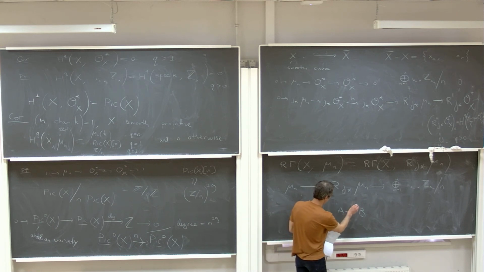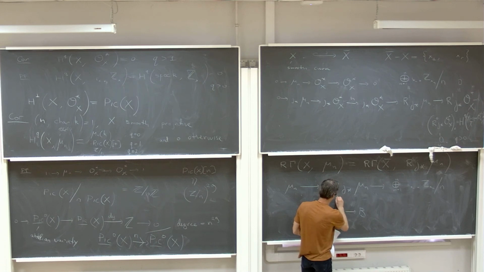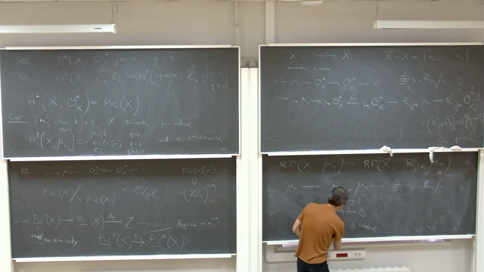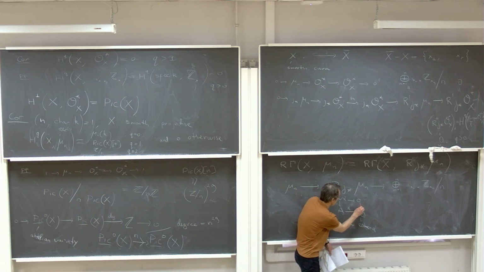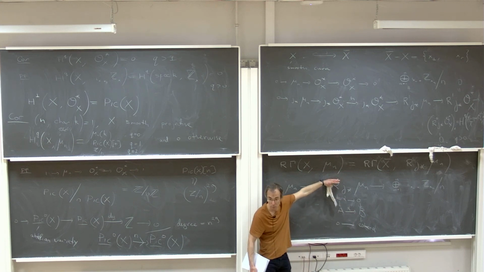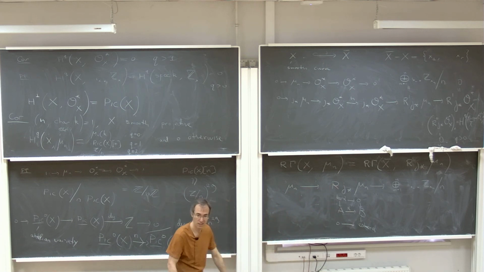And then you have H0, so kernel of alpha. That's a map of complexes. And then you have cokernel of alpha. It's also a map of complexes. So you have a short exact sequence of complexes, and a short exact sequence of complexes gives rise to a distinguished triangle in the derived category. That's how it's defined.